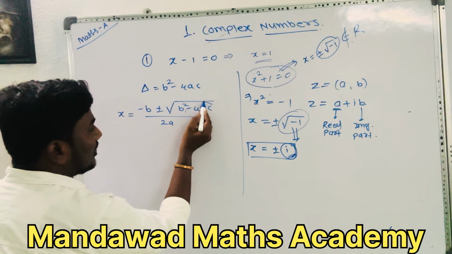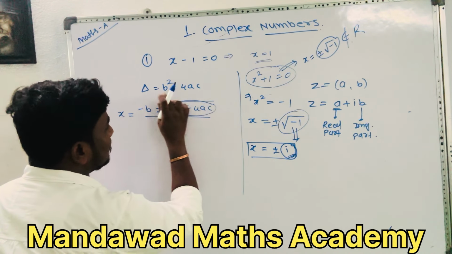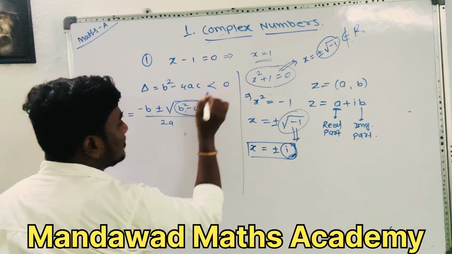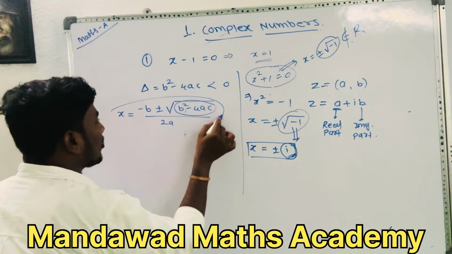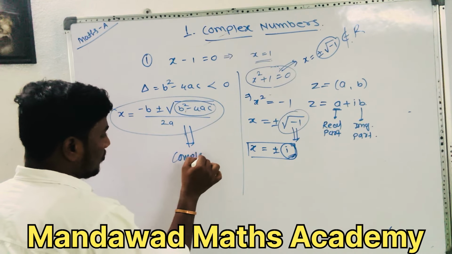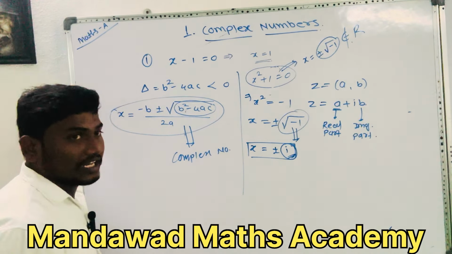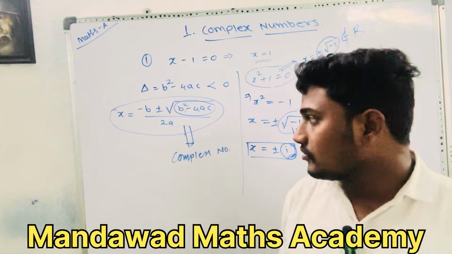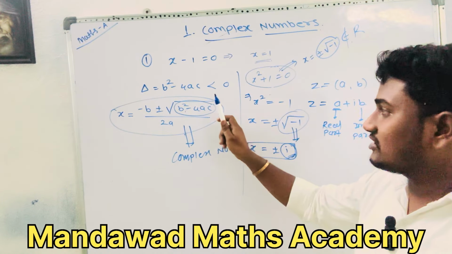So whenever we get a negative number in this root, means the delta value is less than 0, then that number becomes a complex number, means that it is not real. Complex number is nothing but that which is not real.